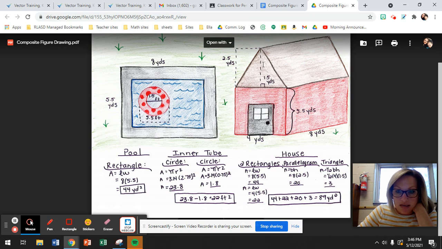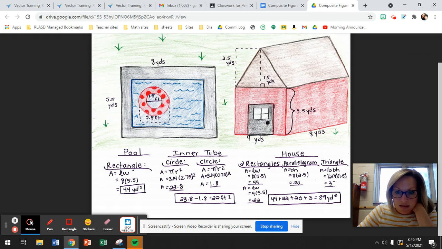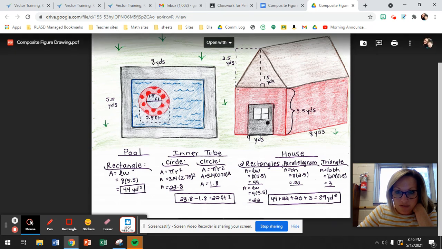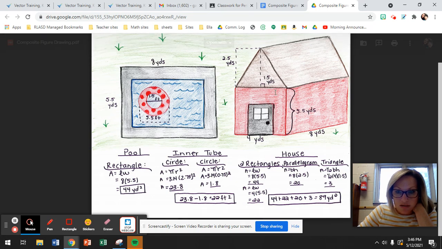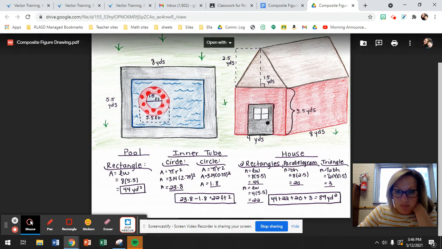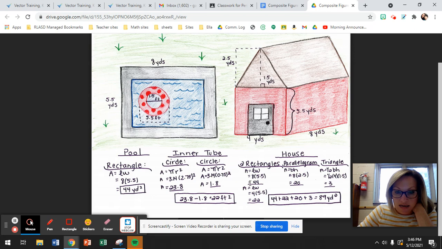And my triangle here is half times base times height, so half times 4 times 1.5, because 1.5 is the height of my triangle, and that equals 3. Then I add up my 2 rectangles, my parallelogram, and my triangle. When you add them all up, the house equals 89 yards squared.